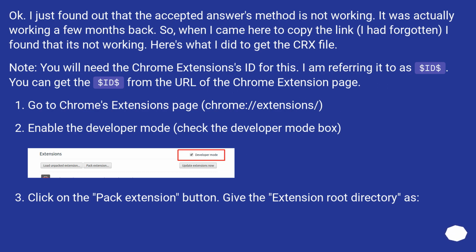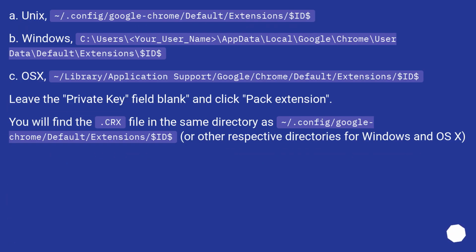Give the extension root directory as: A. Unix: ~/.config/google-chrome/Default/Extensions/$id$.